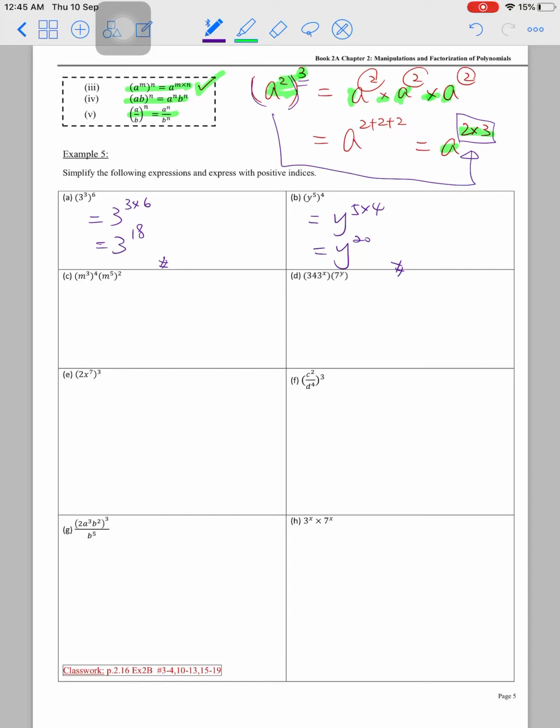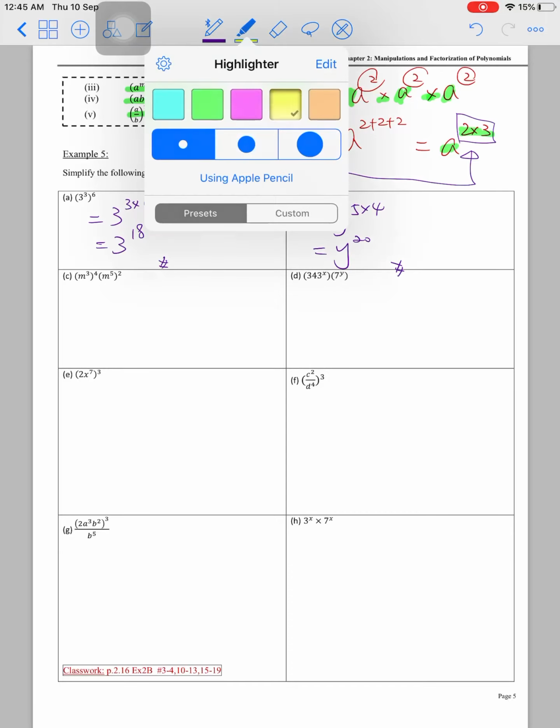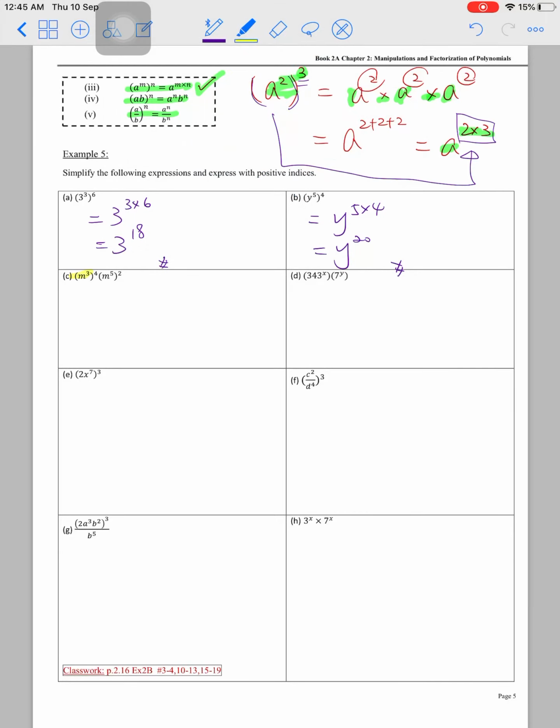Look at C. Do it separately, one part and the other part. First you have 3 times 4 for the power, the second you have 5 times 2.